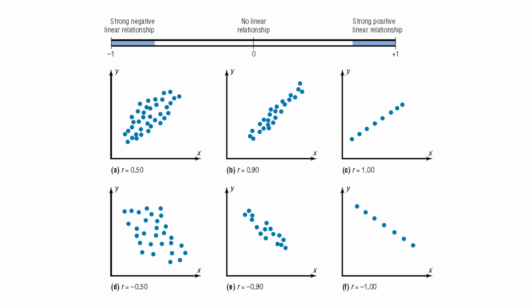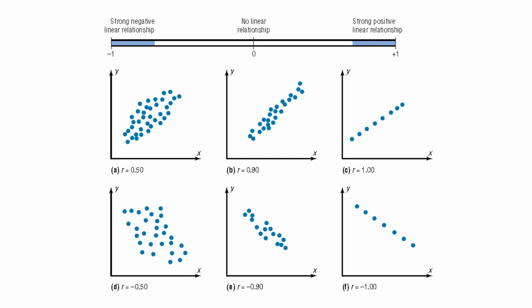Here in the graphs, these show the correlation coefficients and their corresponding scatter plots. Notice as the value of the correlation coefficient increases from 0 to 1, which is graphs A, B, and C, the data values become closer and show an increasingly stronger relationship.